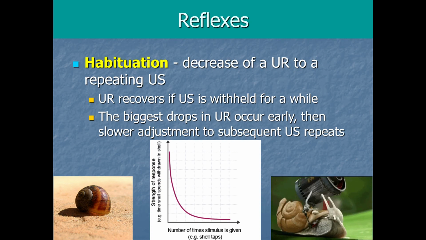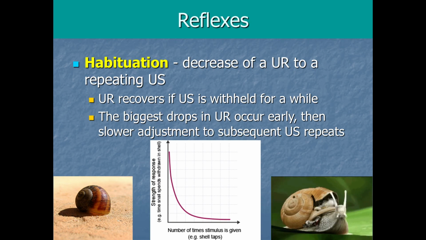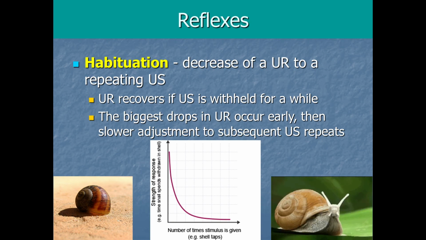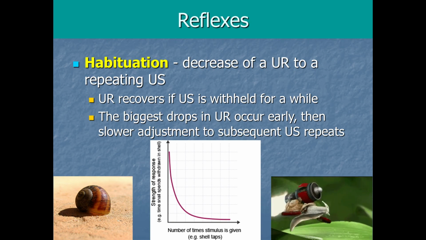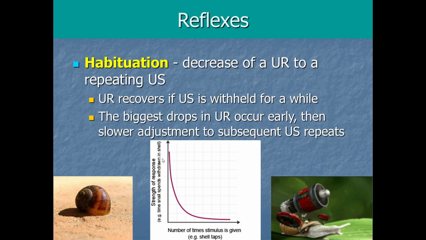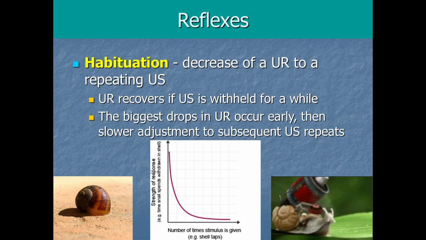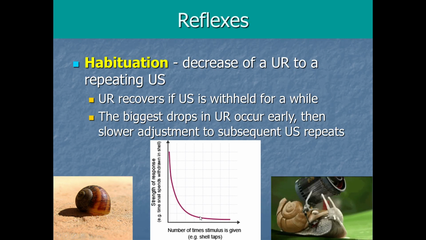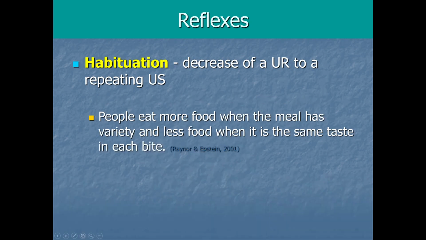And you can see that in the first few taps, on the left of that purple line, you get a big response, a long time hiding in the shell. But if you keep tapping, you keep activating that reflex, it starts having less and less of a reaction to it. That's habituation. And it's not linear, right? The curve drops fastest in those first few exposures. We get the most habituation in those early trials, and then it starts habituating slower in those later trials.